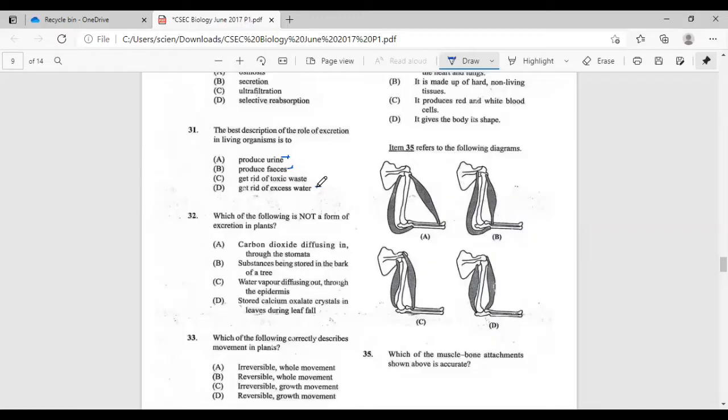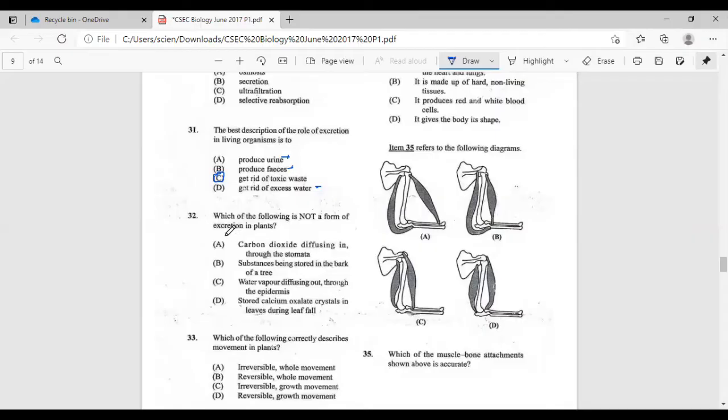But the best option, because we're talking about metabolic waste, some form of waste, and metabolic means all the waste coming from the body, and as we should know, they are toxic waste, and C would have been the best option.